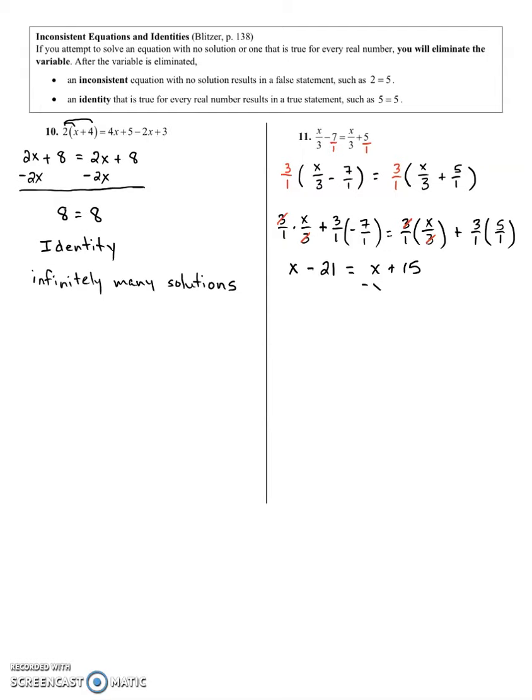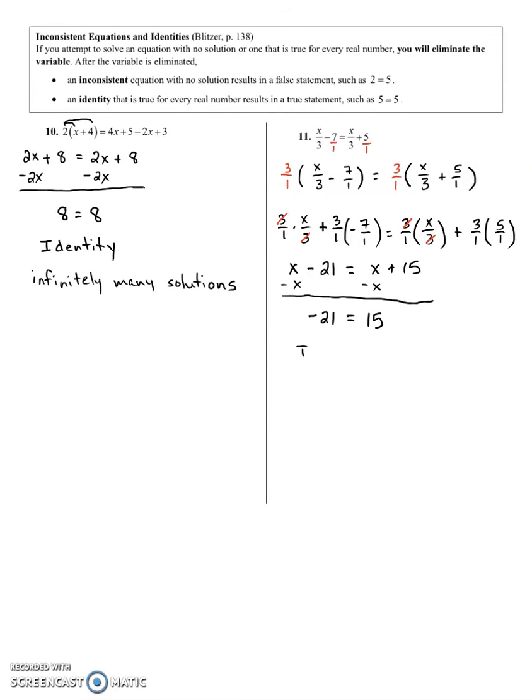Now again, we subtract x from both sides of the equation because we want to get our x's on the same side. The x's cancel, which leaves us with negative 21 equals 15. That is not true.